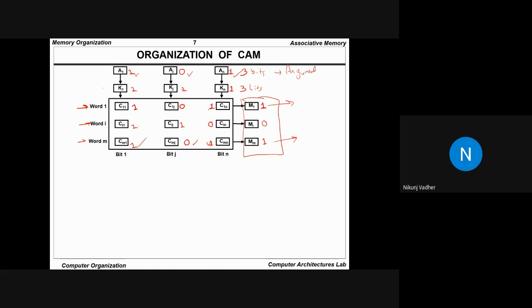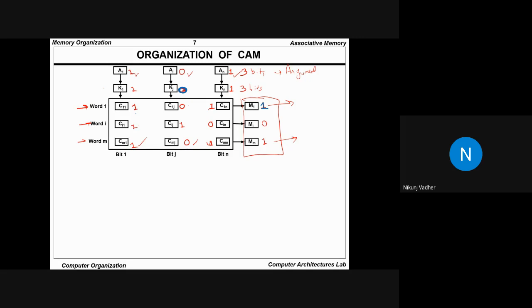Now the value of key is, let's say, 101. That means we will not consider the second bit. We will consider only the first and last bit. First bit 1 and 1, second bit we are not going to consider, third bit 1 and 1, it is matching, so this will be set to 1.